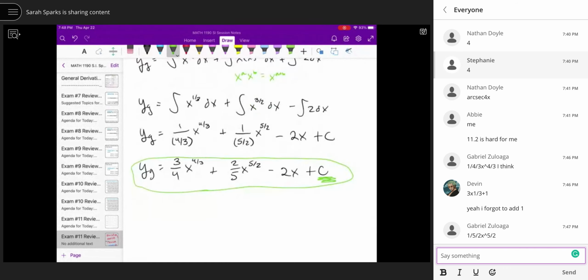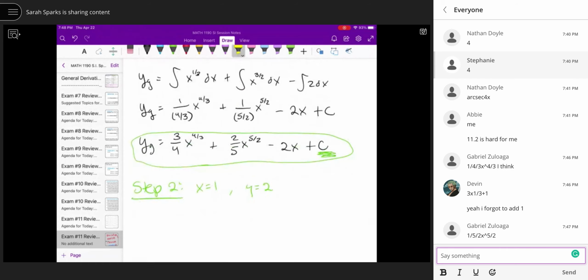And then once you have the antiderivative, or this y general, because this y general is just the antiderivative, our step 2 is to plug in those values that they gave us. They gave us x equals 1 and y equals 2. So right here where y is, we're going to plug in this 2, and everywhere we see an x, we're going to plug in that 1.